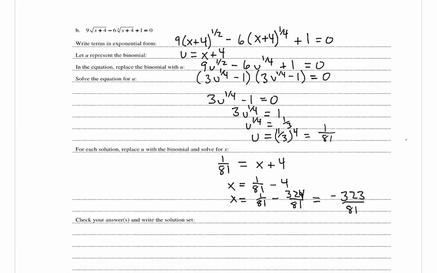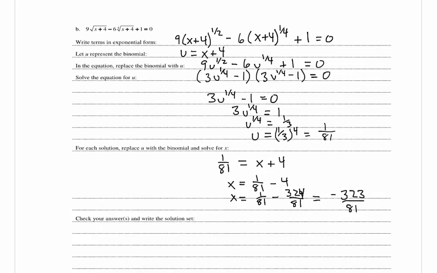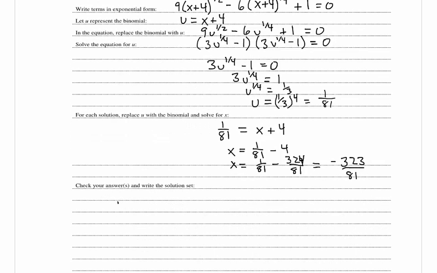Now, in order to check our answer, I'm going to come back to the line where we replaced with u and said 1/81 = x + 4. Inside of our radical, I'm going to place 1/81 instead of using -323/81 in place of x. So we have 9 times the square root of 1/81, minus 6 times the 4th root of 1/81, plus 1 is equal to 0.